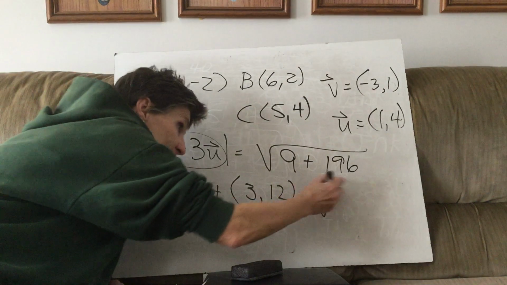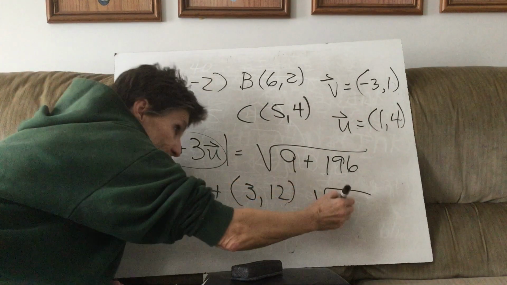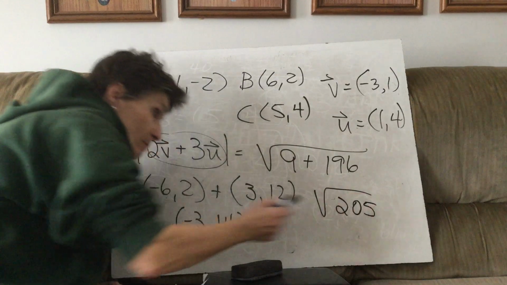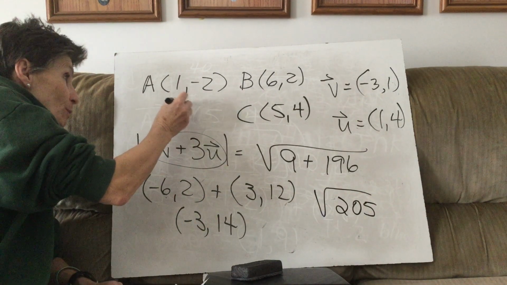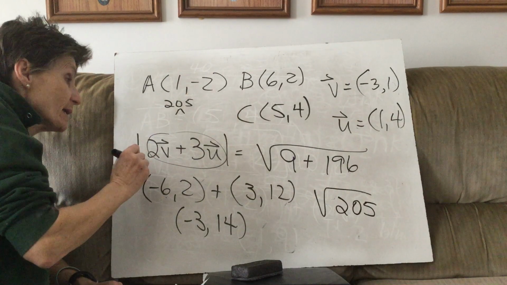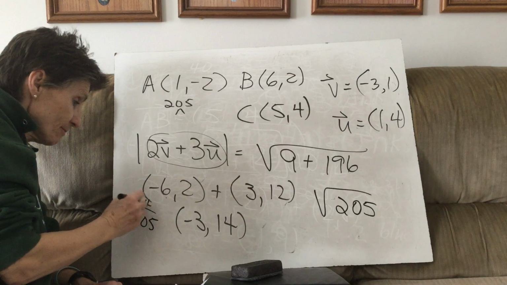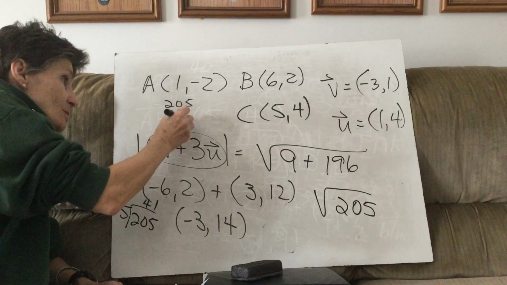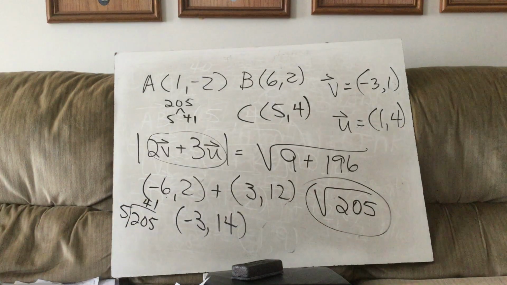So when we add them together, let's see, what do I get? 205. Now, I don't know, does 205 break down? We always want to simplify if we can. So 205 divided by 5. Nope, doesn't look like it breaks down. So that is the answer to the problem.